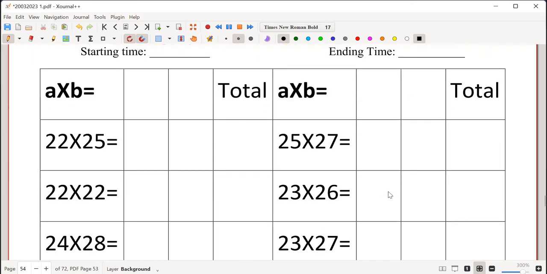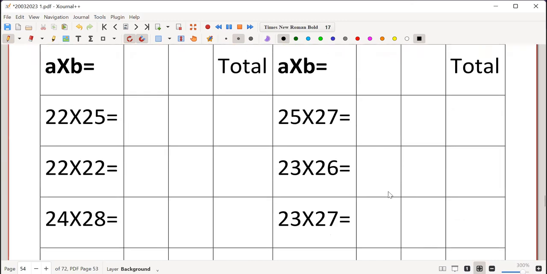Now, we are going for 20. I asked this question. If you remember, 23 and 27, I asked you, can you multiply this? Okay. Same concept. But there is a bit of difference here. 20 plus 3, 20 plus 7.